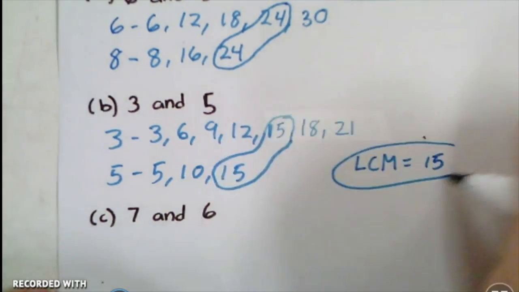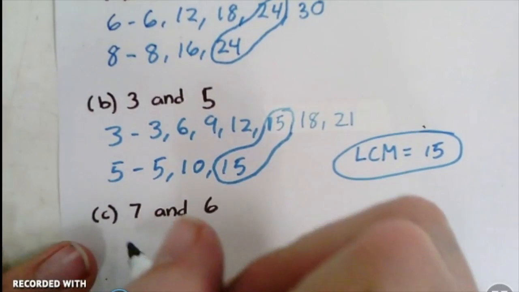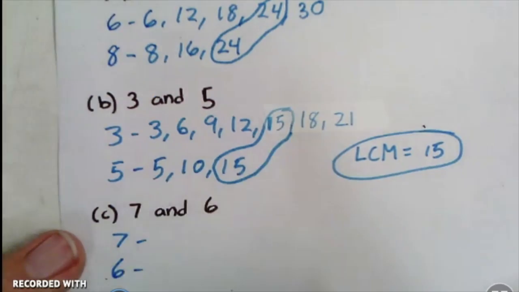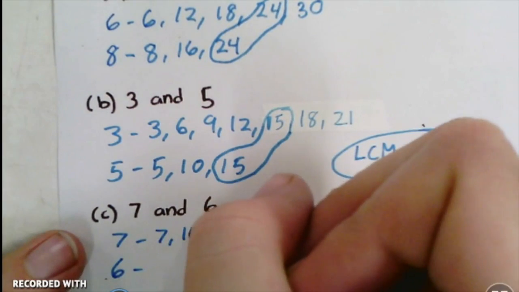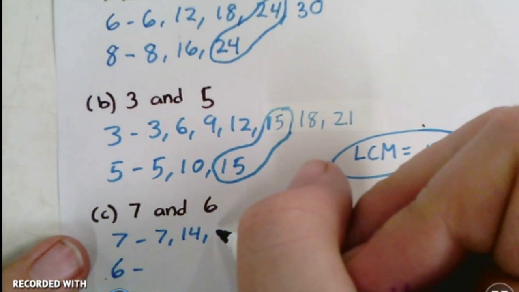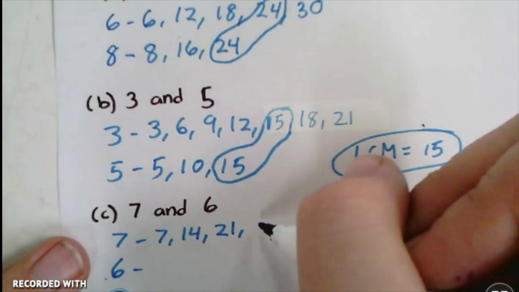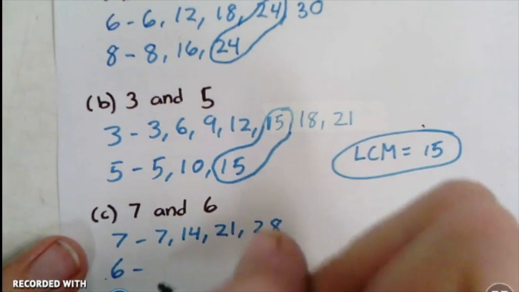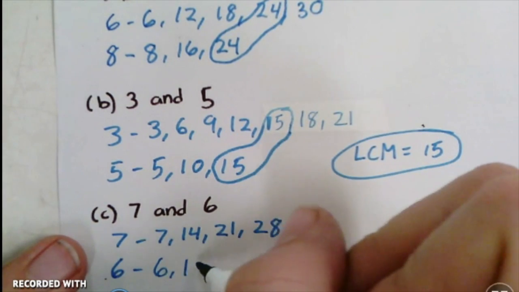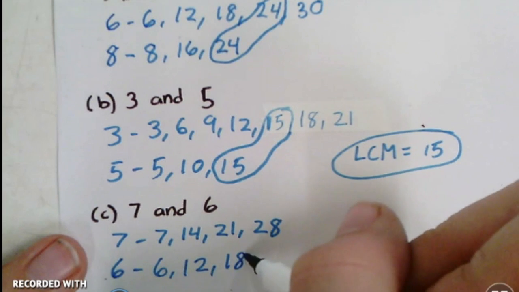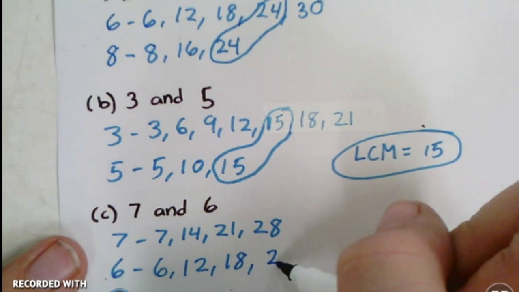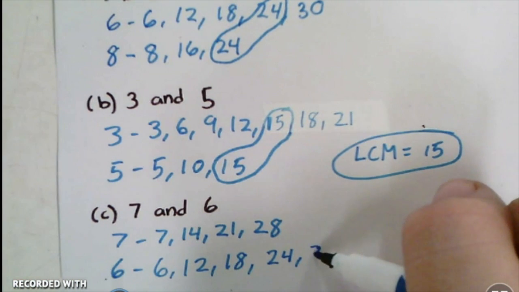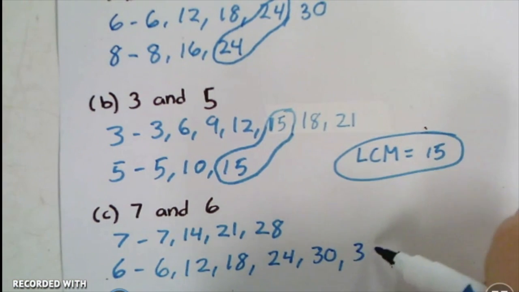Equals 15. All right, 7 and 6. So 7, 14, 7 times 3 is 21. 7 times 4 is 28. Let's try here. We've got 6 times 1, 6 times 2, 6 times 3, 6 times 4, 6 times 5, 6 times 6.